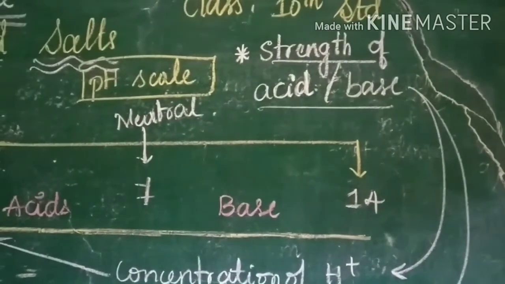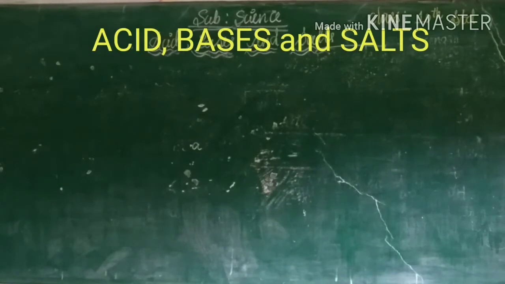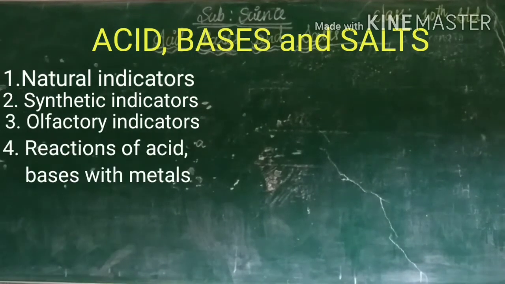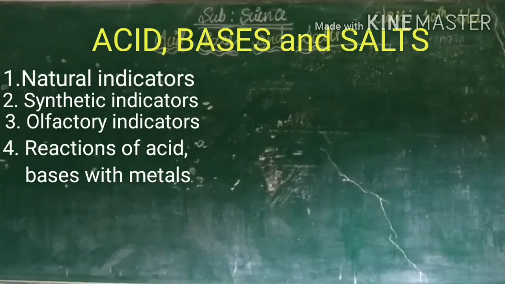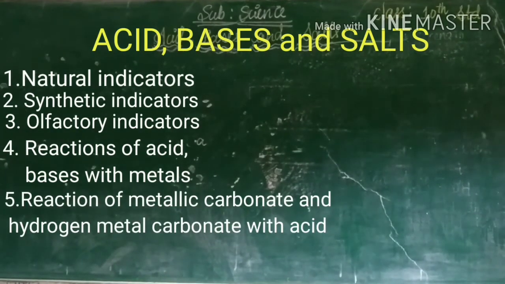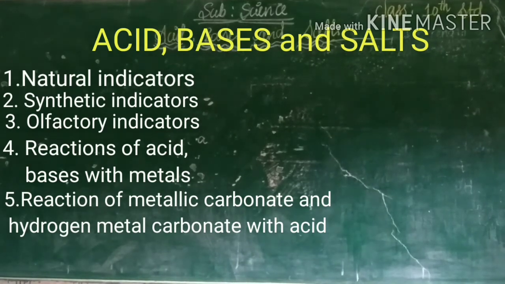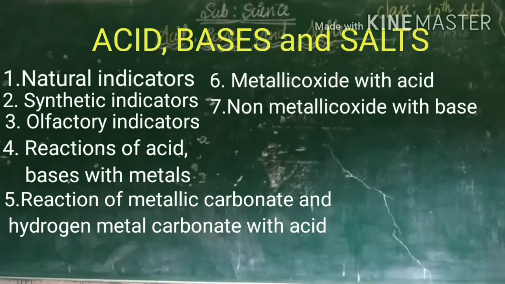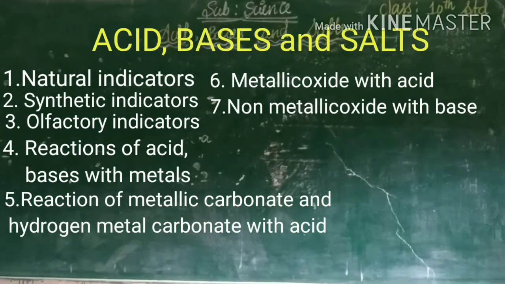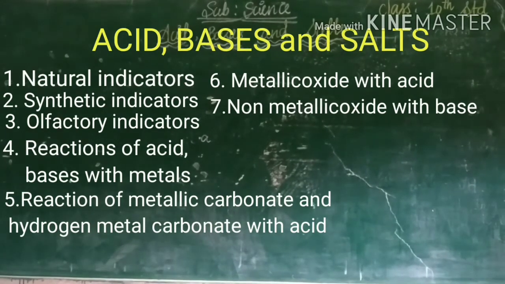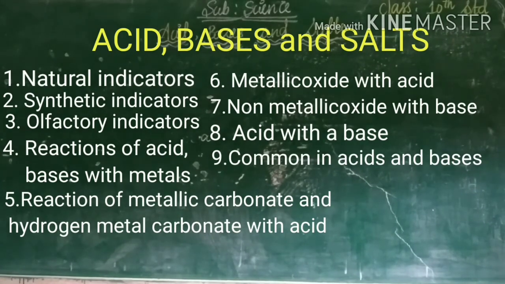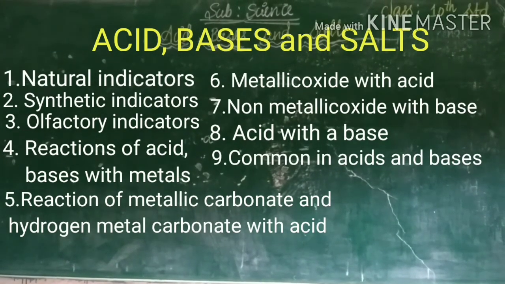Okay children, till now we have been discussing natural indicators, synthetic indicators, olfactory indicators, reaction of acids and bases with metals, reaction of metal carbonates and hydrogen carbonates with acid, reaction of metallic oxide with acid, reaction of non-metallic oxide with base, the reaction of acid with a base, and what is common in acids and bases.